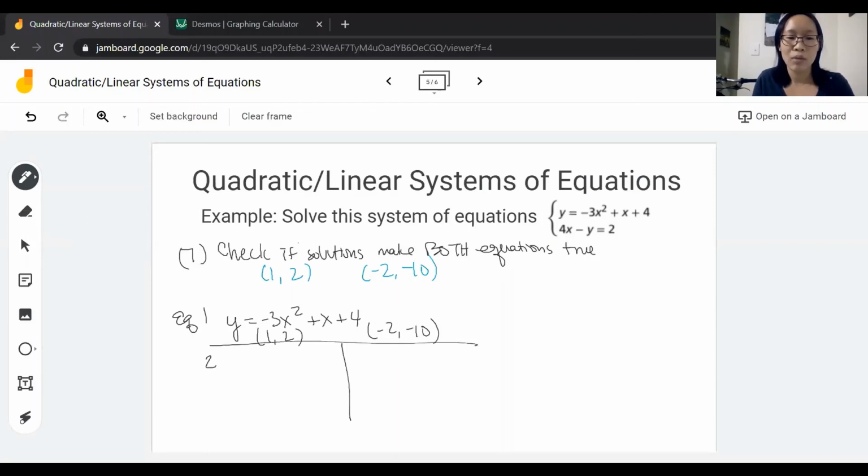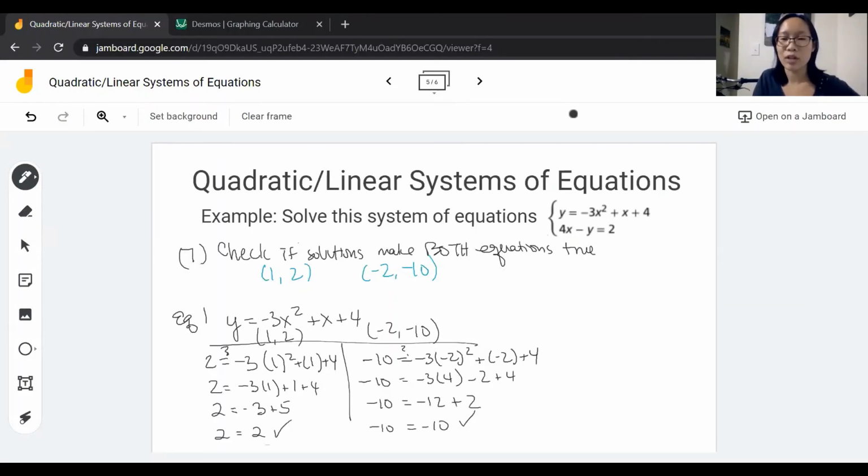Plugging in gives me y is equal to negative 3 times 1 squared plus 1 plus 4, and I want to know if that equals the 2. And on the other side, plugging in gives me negative 10 is equal to negative 3 times negative 2 squared plus negative 2 plus 4. I'm going to pause the video now and finish the check.